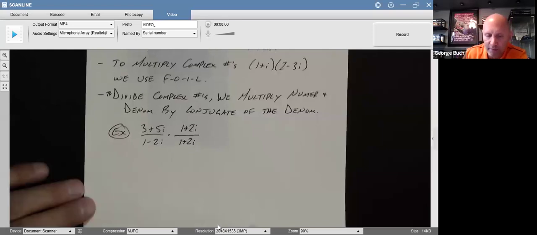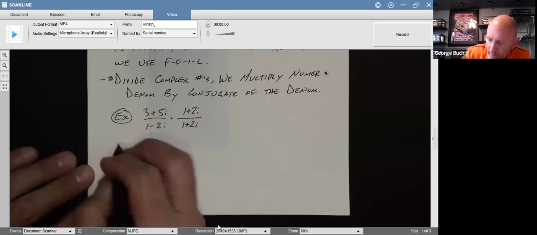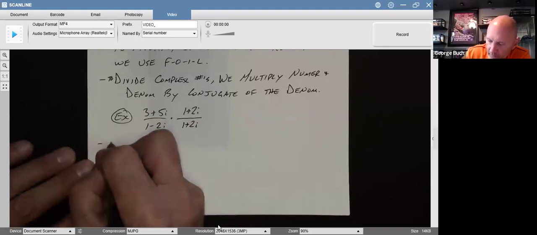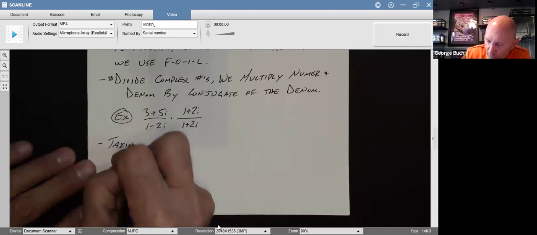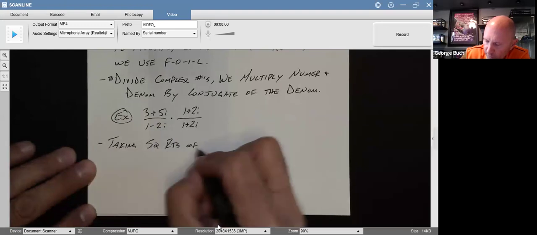And so then lastly, the last thing I want to talk about with complex numbers is taking square roots of negative numbers.